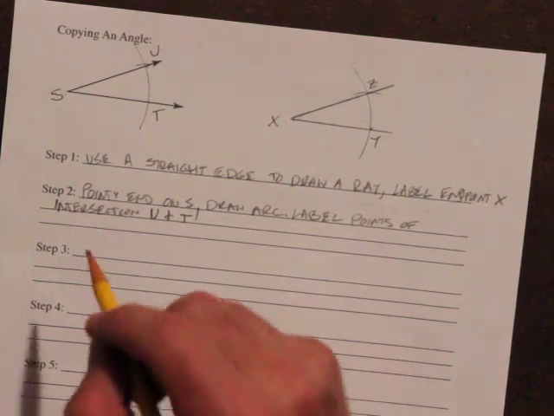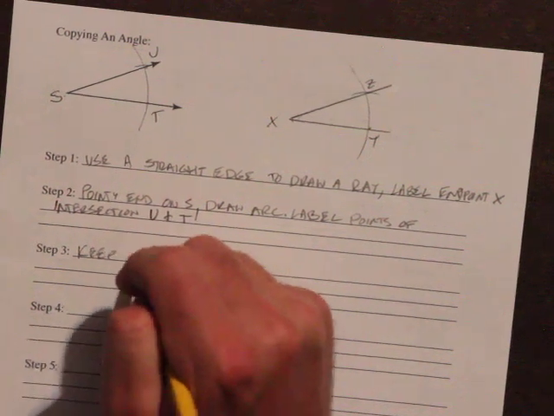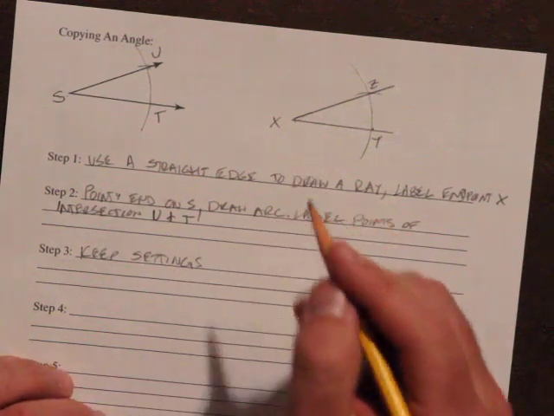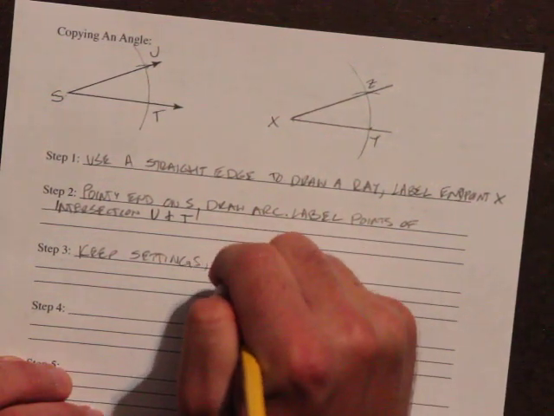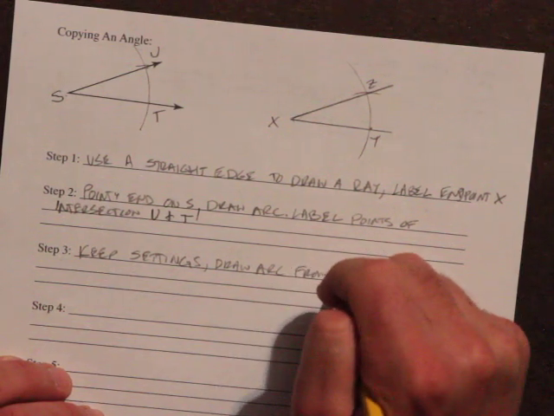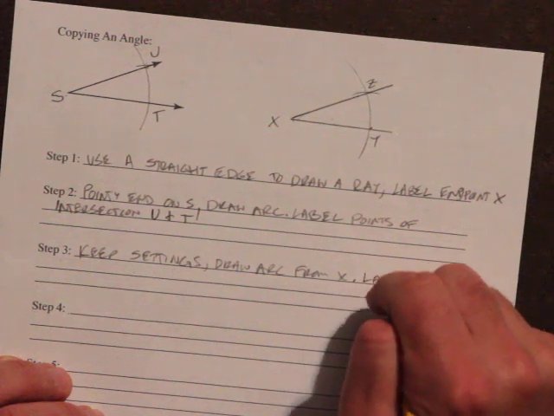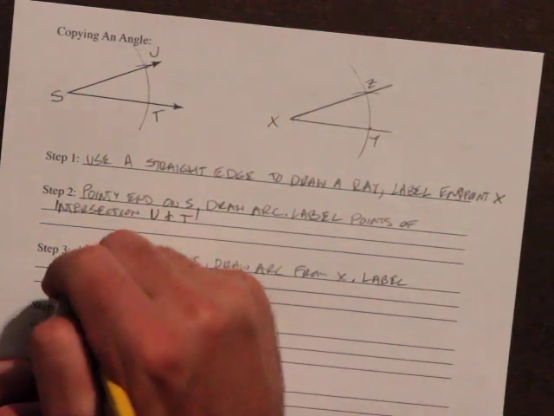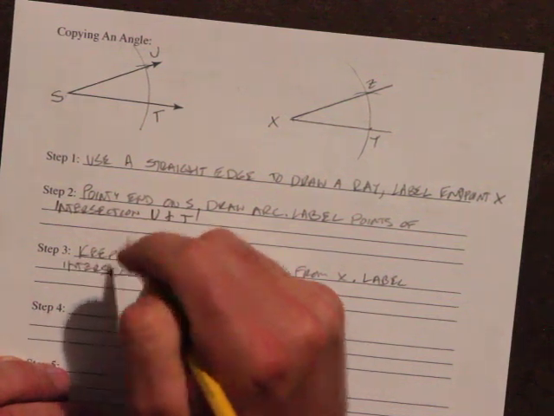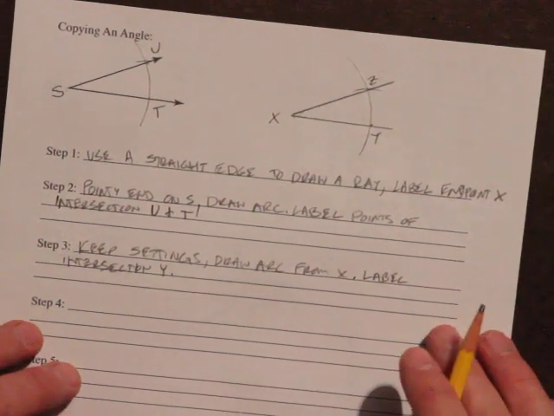Now we keep the settings from that first arc. Draw an arc from X. Label intersection Y. Getting pretty close.